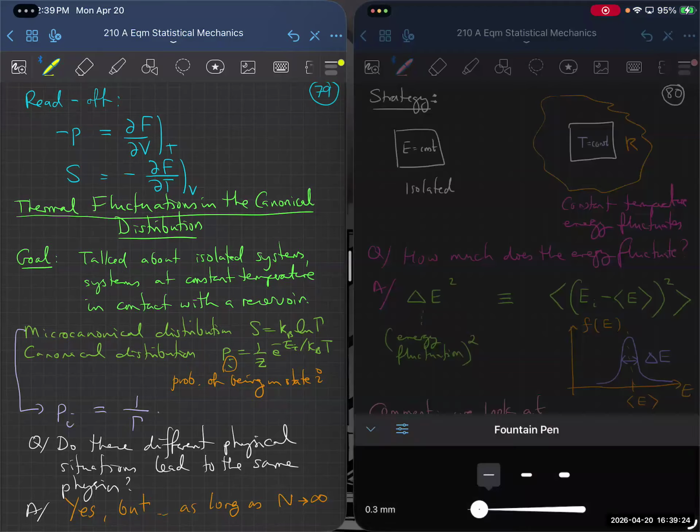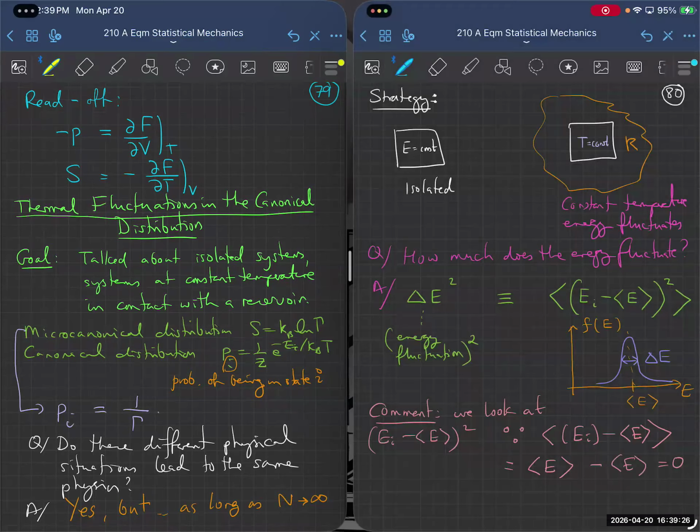Okay, so now let's calculate what delta E squared is. I'm going to expand EI minus the expectation value of E, squared, like that.